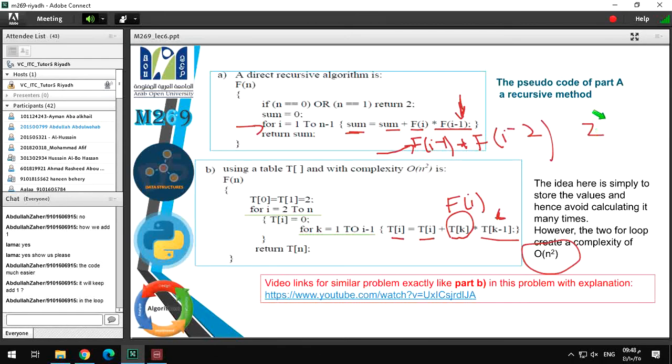So here 2 to the power n, and here n squared, which is much better. You got it? Is it clear? So the concept here, to minimize it, is that we use memory to store the already calculated values.